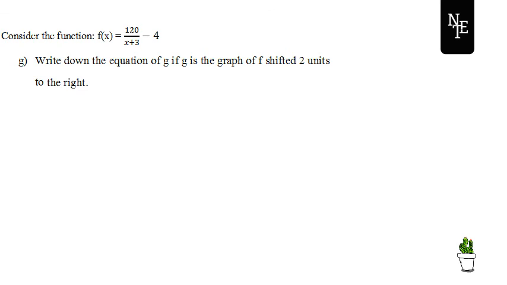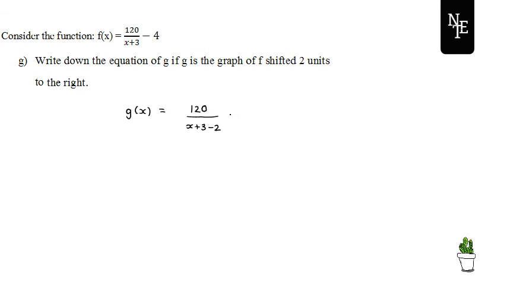So then we're going to say that g of x is going to be given by the equation 120, that is not changing, right? And then we're going to divide this by x plus 3, and then we need to add this negative 2, to indicate this 2 units shifted to the right.